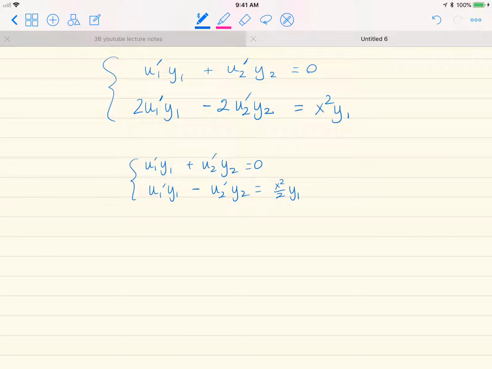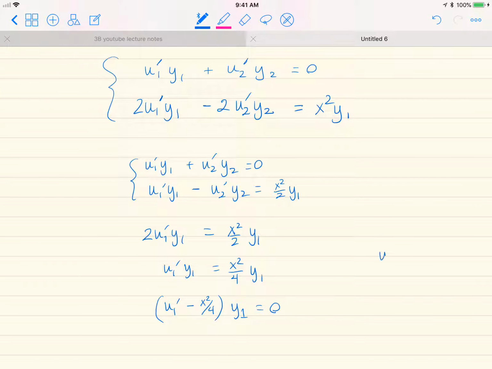Now I can just add equation 1 to equation 2, and I get 2 u1 prime y1 is equal to x squared over 2 y1. So u1 prime y1 is equal to x squared over 4 y1. And I can bring this over, so I'll have u1 prime minus x squared over 4, times y1, is equal to 0.